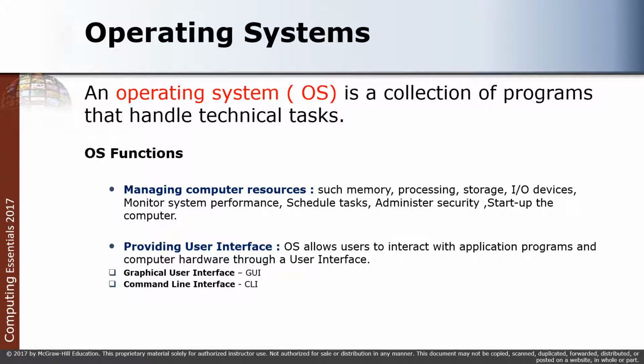So the icon, the figure of the application that you can see on your monitor is actually the interface. So who helps you to interact with this interface? That is the job of the operating system.